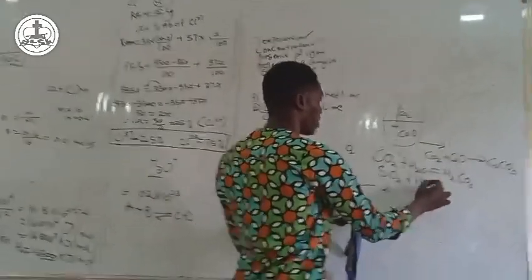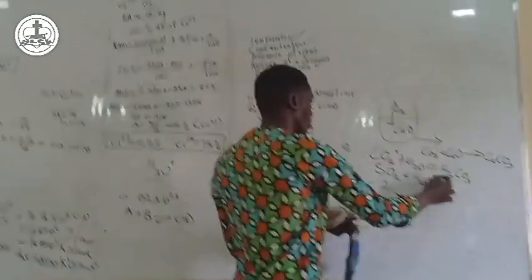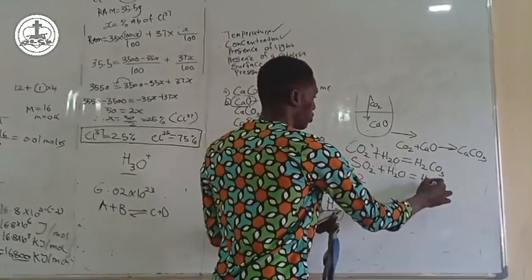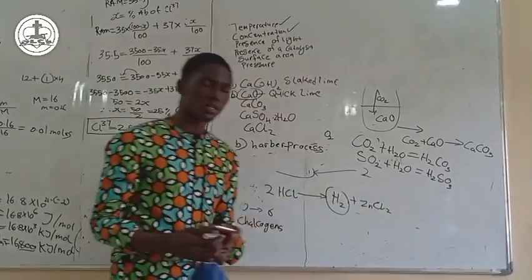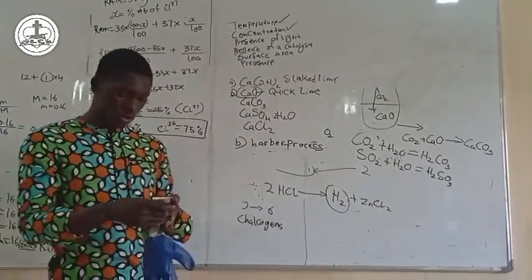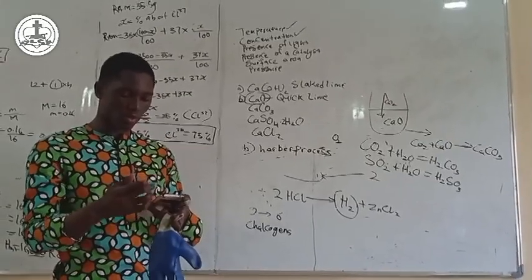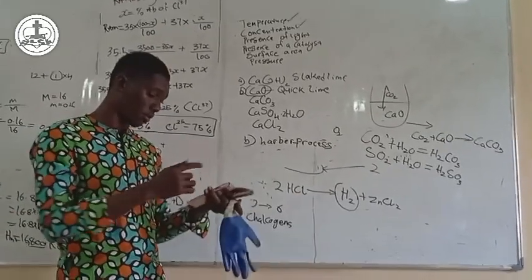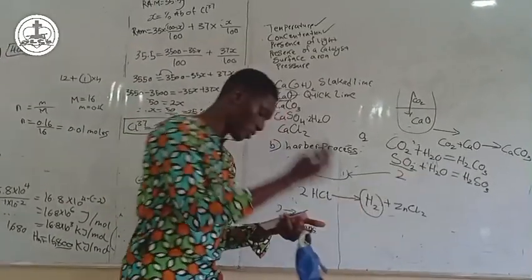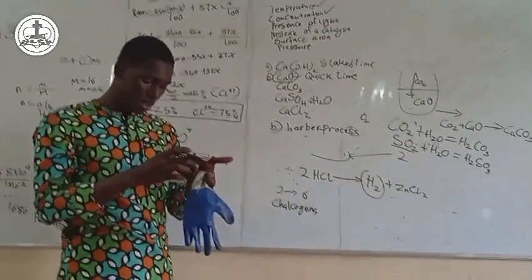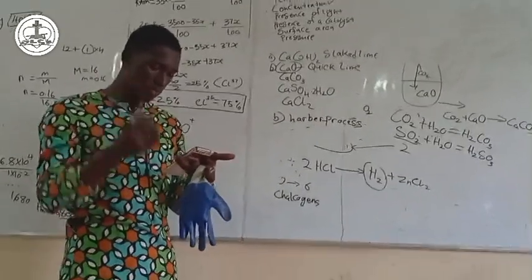When it mixes with water vapor in the atmosphere, it forms H2SO3, which is a strong acid. So acid rain is as a result of sulfur IV oxide dissolving in water vapor in the atmosphere.